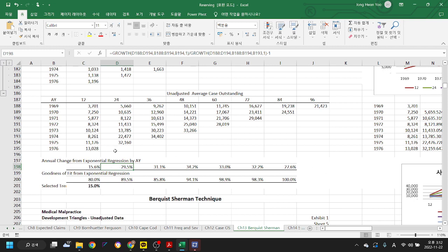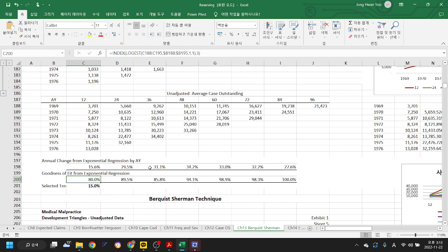And if you go to much later development, but still there is only a small data set, you have a very stable figure around there. And the goodness of fit is this R square.